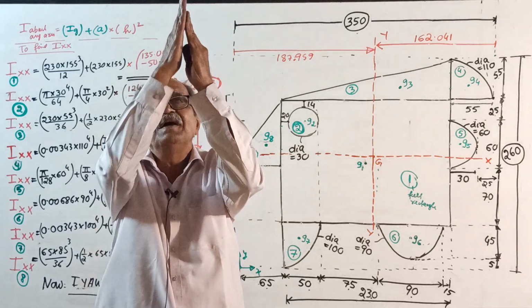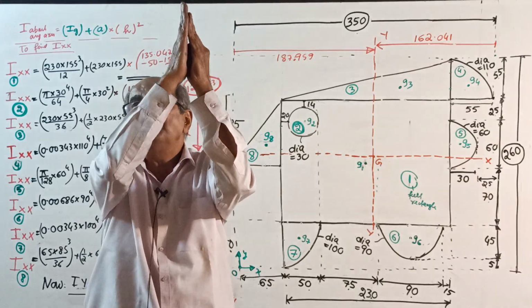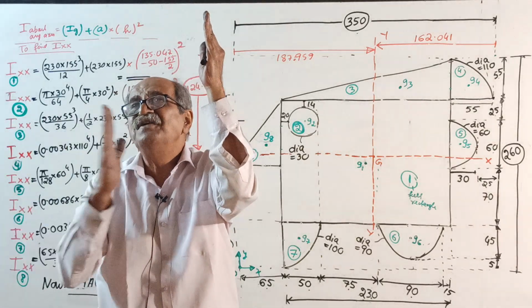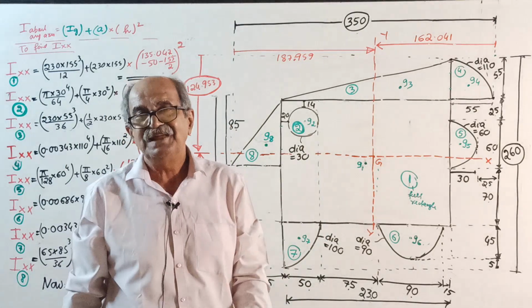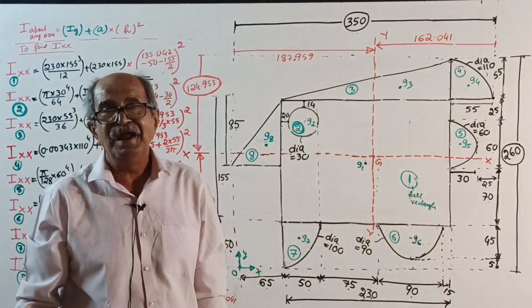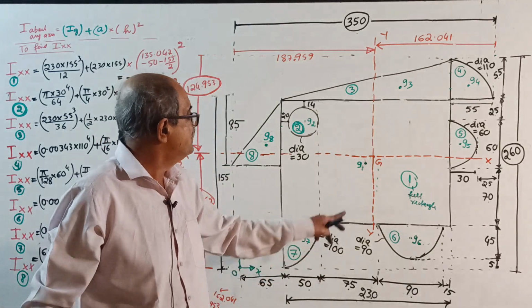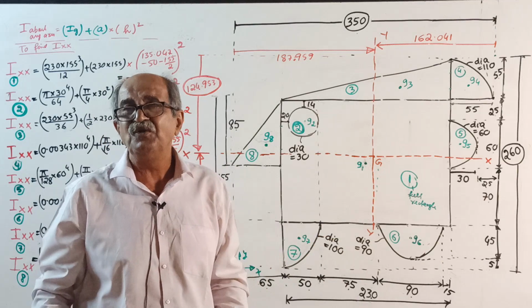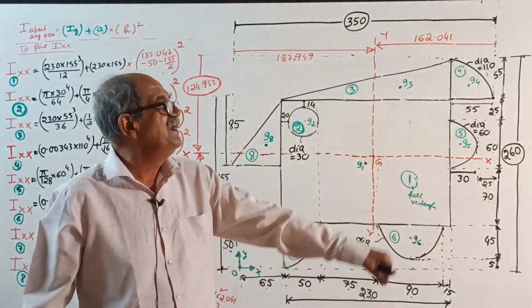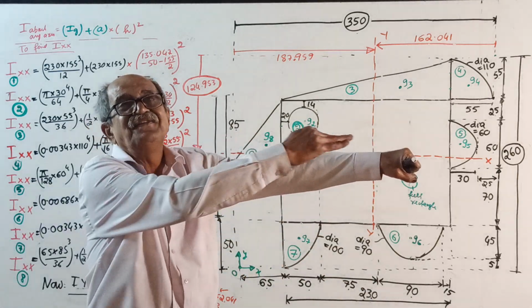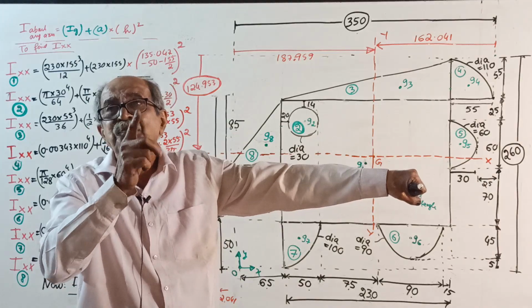And when you find I about the YY axis, the vertical axis, it is the horizontal distance squared. I asked one student what he told, and he said, sir, when you find I about XX, it is a horizontal axis, but we want a perpendicular distance.